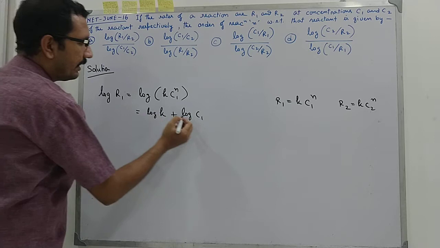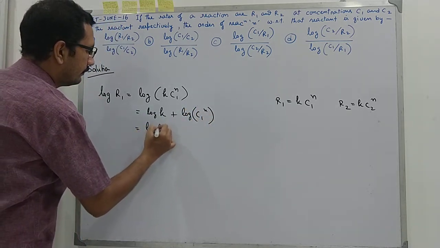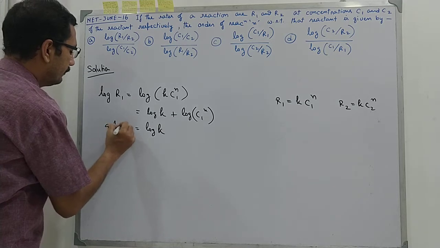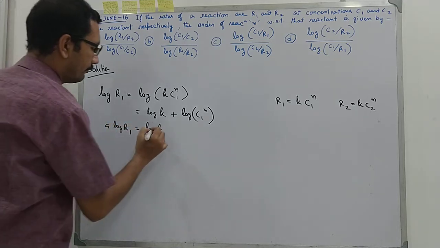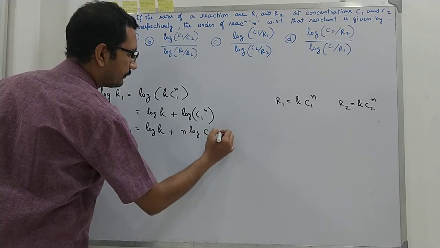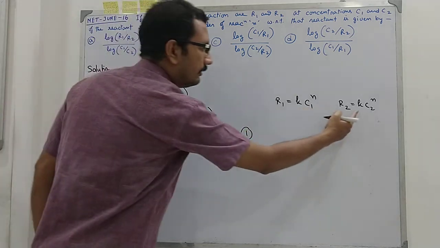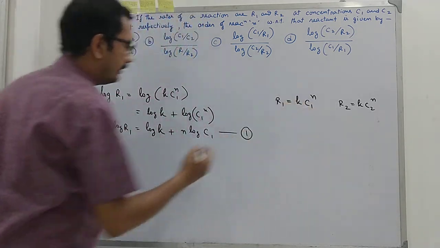So we have log R1 equals log k plus n log C1. This is equation 1.